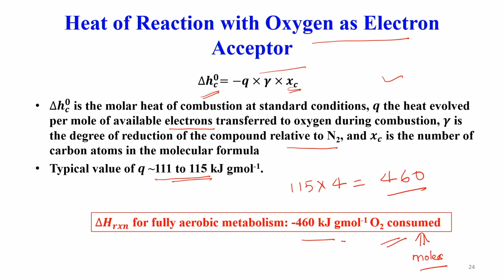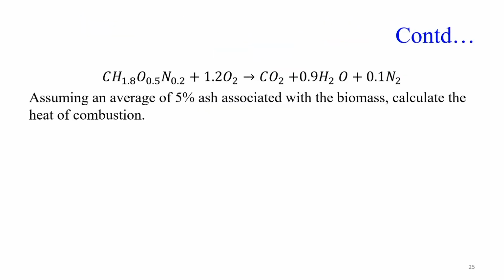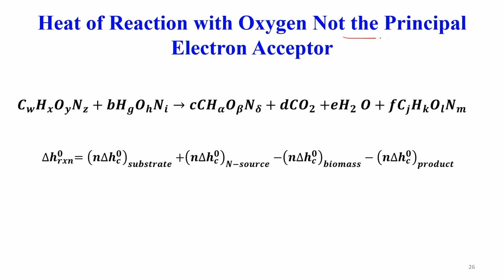Now, there will be the second case where oxygen is not the principal electron acceptor. So, in that case, let us say this is a carbon source, this is a nitrogen source, there is no oxygen here, and this is biomass, carbon dioxide, water and your product.